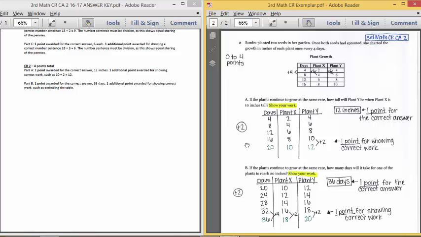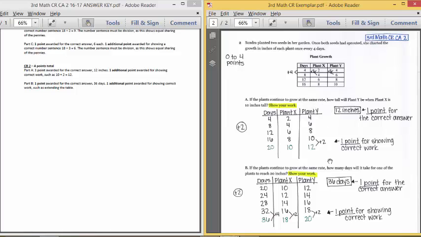So Part A is asking, if they're growing at the same rate, how tall plant Y will be when plant X is a certain number of inches tall. It does ask for them to show their work, so they cannot simply write out the correct answer. You'll see here, scholars can do this a number of ways. They might draw directly onto the chart up above. They may rewrite their own chart.